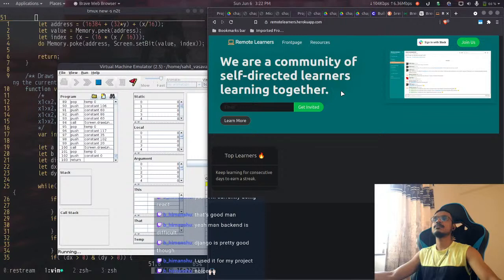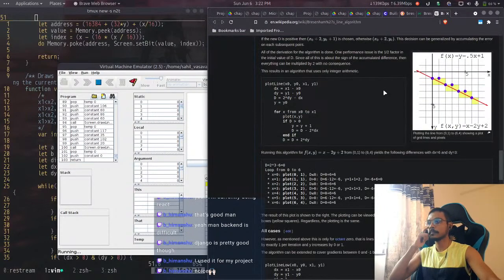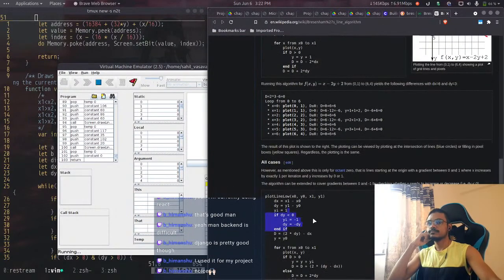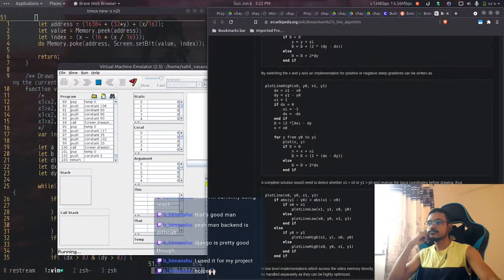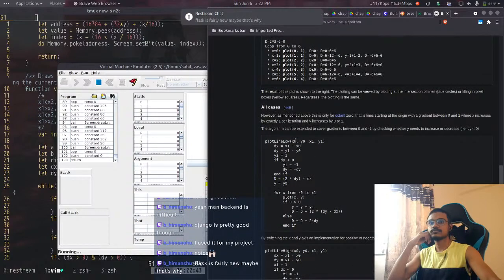I mean, once you know one, you can just switch, but it's good to have some projects in your portfolio which are highly demanded. Yeah, maybe that's the reason.